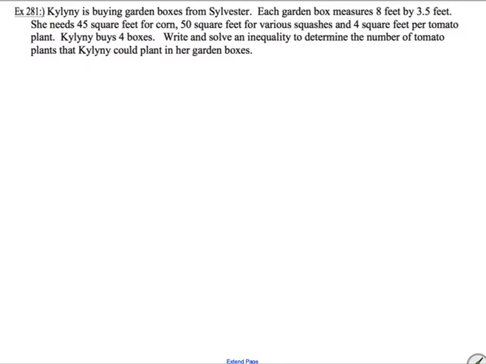Now here we need to understand that the area used in the garden has to be less than or equal to the area available, the total area. And here we're trying to figure out the number of tomato plants. So let's use T to equal the number of tomato plants.